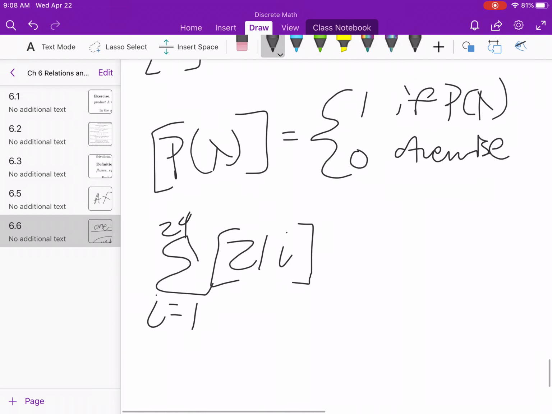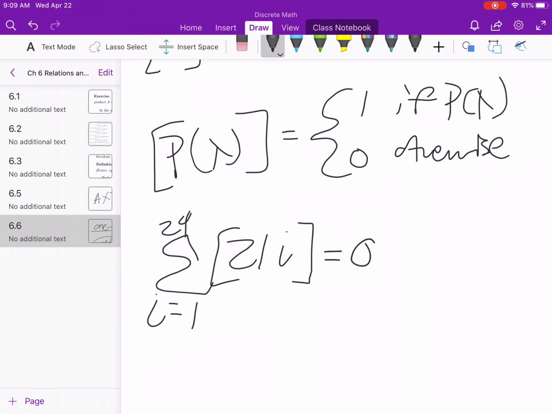If I start at 1, I'm going to get 0, because I ask myself, does 2 divide 1? No, it doesn't. Does 2 divide 2? Yes. Does it divide 3? No. Does it divide 4? Yes. And so on.